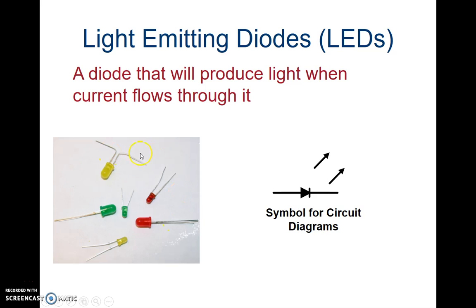They're becoming incredibly more popular because they are really cheap as far as their electrical costs, and they can be very, very small and produce quite a bit of light. Okay, and the symbol is the exact same as the diode symbol, except there are two arrows pointing away from the tip of the arrow on the diode symbol. Okay, and all this means is, hey, there's light coming out of there. So go ahead and draw that symbol down.